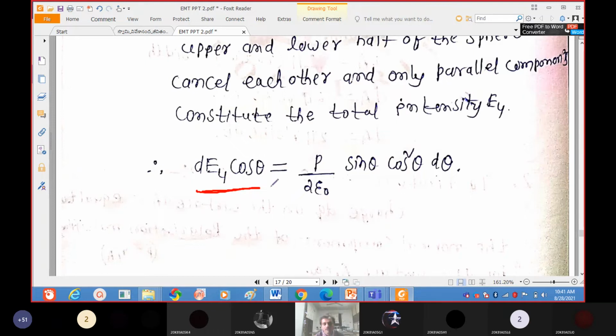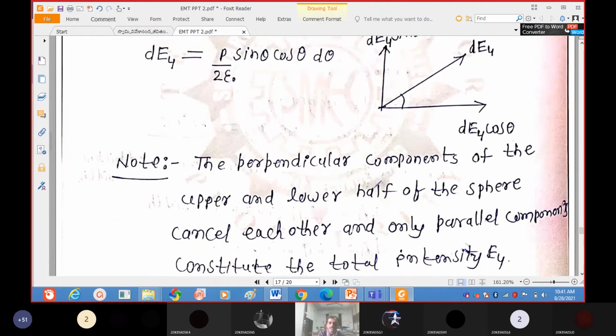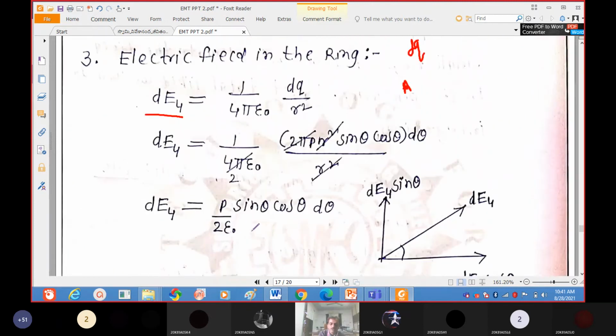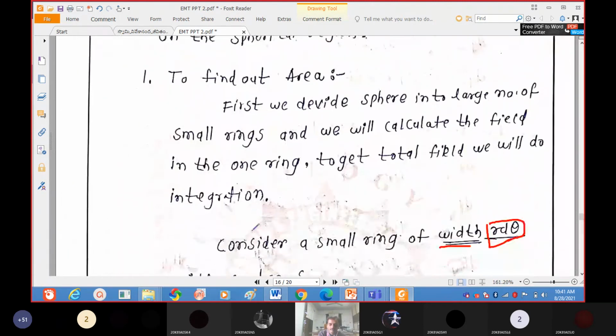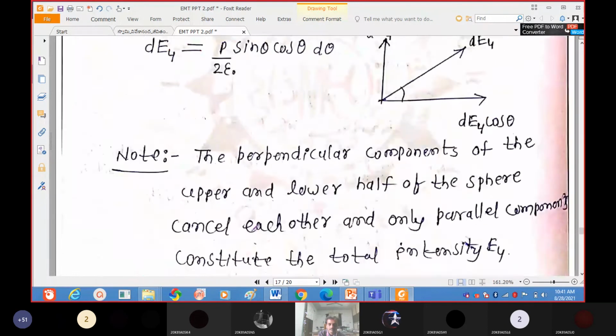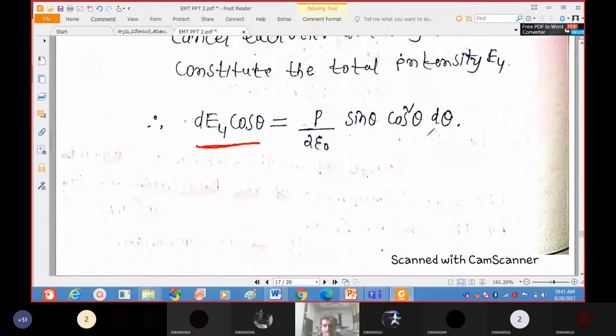Now dE cos theta is equal to P by 2 epsilon naught into sin theta cos square theta d theta, because dE equals P by 2 epsilon naught into sin theta cos theta d theta, and multiplying both sides by cos theta gives one more cos theta.